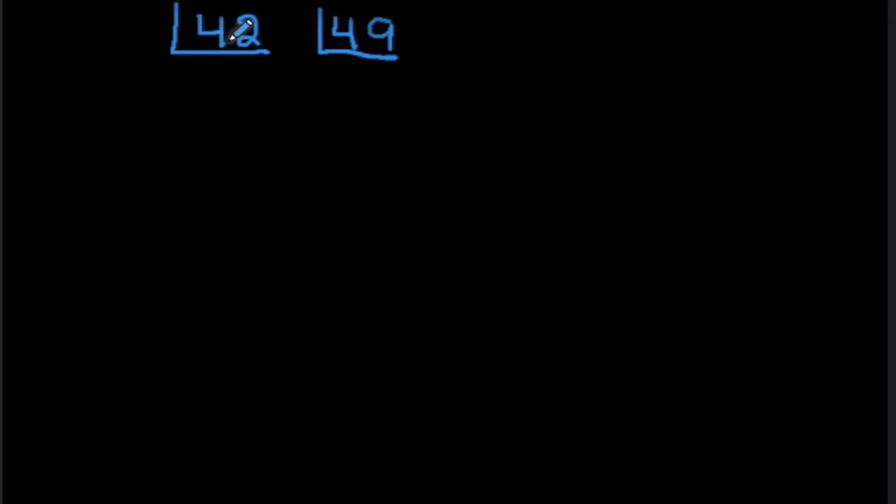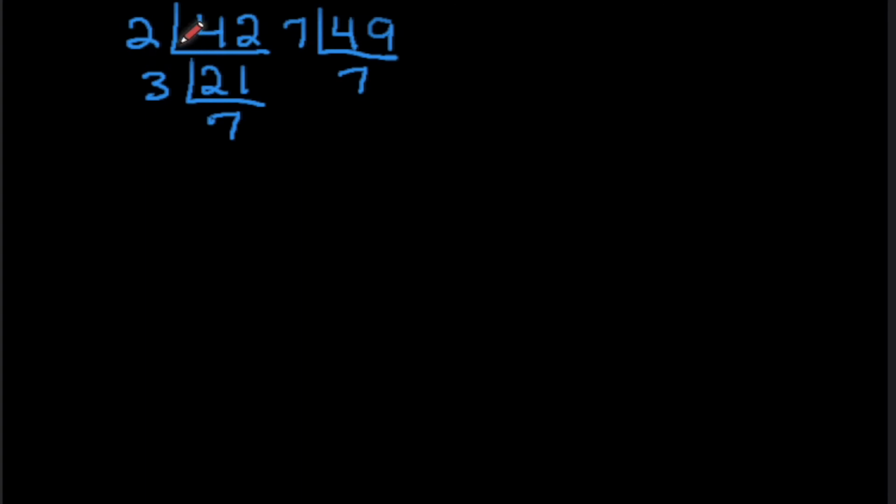All right, so for 42, we'll start with the smaller number. So that's 42 divided by 2 is 21. And then 21 divided by 3 is 7. So these are all prime. And 49 divided by 7 is 7.